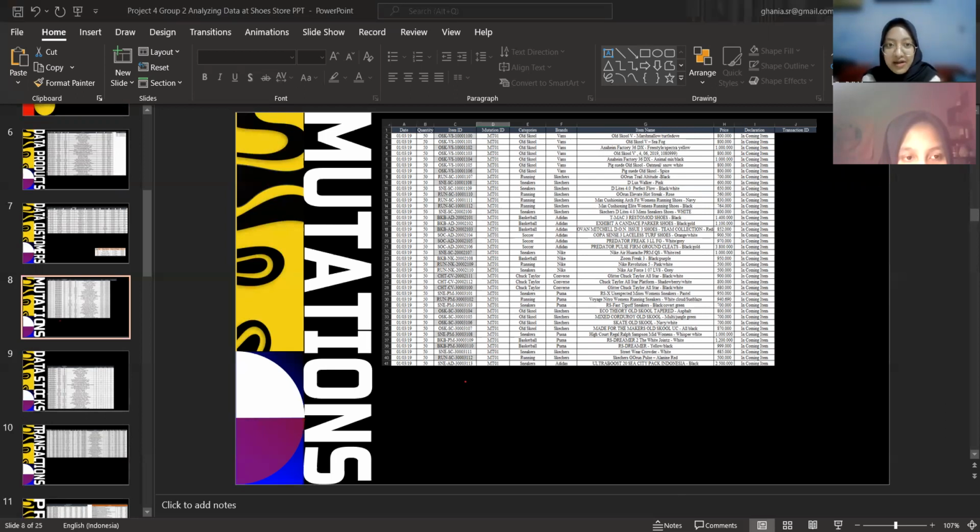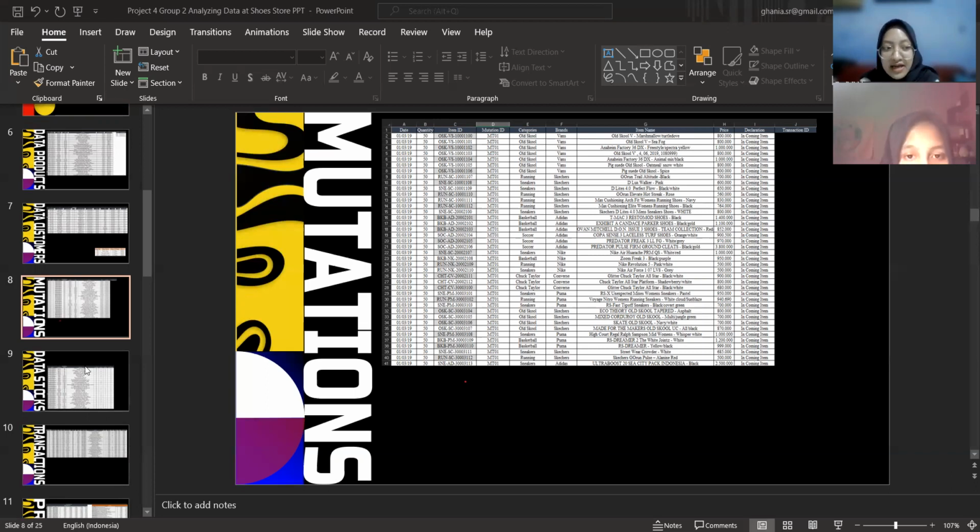The formula that we use in categories is VLOOKUP, and for brands we use VLOOKUP too, item name VLOOKUP, price VLOOKUP, declaration VLOOKUP. VLOOKUP is a function that makes Excel search for a certain value in a column, in the table array, in order to return a value from a different column in the same row.